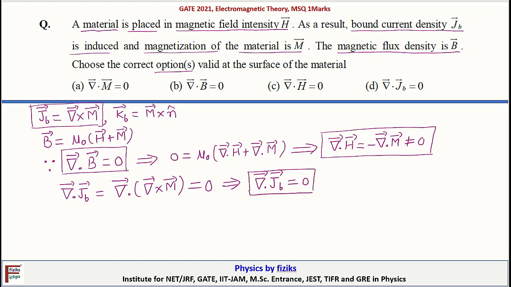So if we verify these options, you can see option A is incorrect, divergence M is 0, but it is non-zero. Option B is correct because divergence B is 0. Divergence H 0 is incorrect because that is non-zero, and divergence JB is 0. So option B and D are correct. It's a multiple select question.